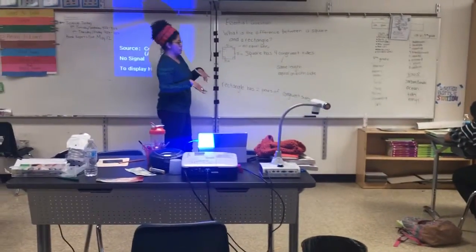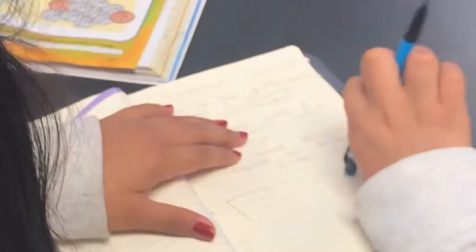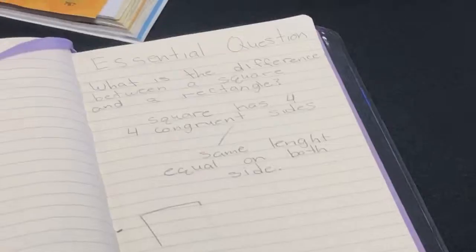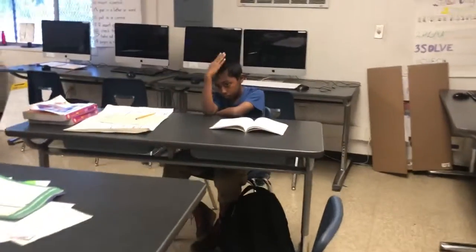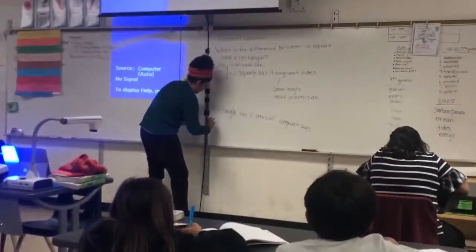Okay, a rectangle. Since this has 4 congruent sides, and we said this one has 2 pairs of congruent sides, that means that 2 sides are equal and then the other 2 sides are equal. So to make a rectangle, let's do a rectangle on here with 2 pairs. This one is 5.